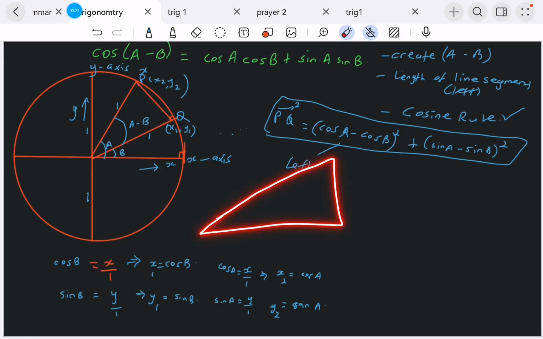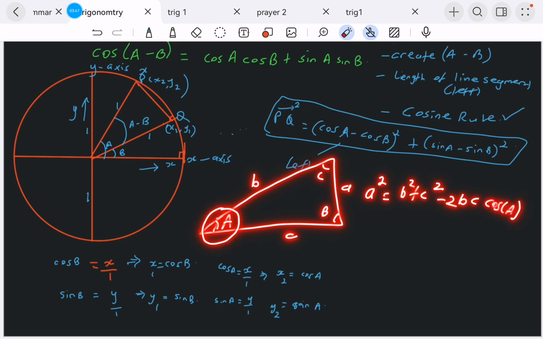If I had such a triangle, to remind you of the cosine rule, this is angle A, side A, angle B, side B, angle C, side C. It means that side A squared is equal to the other side, which is B squared plus C squared minus 2BC cosine of A.